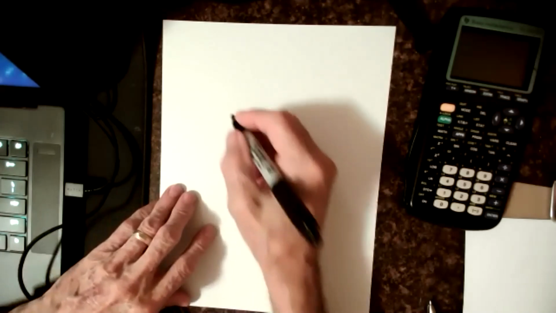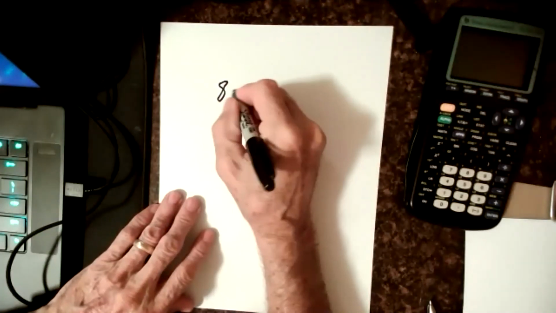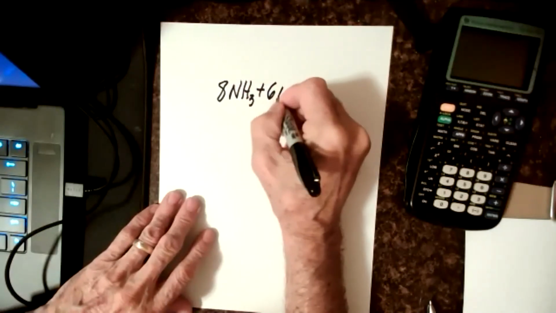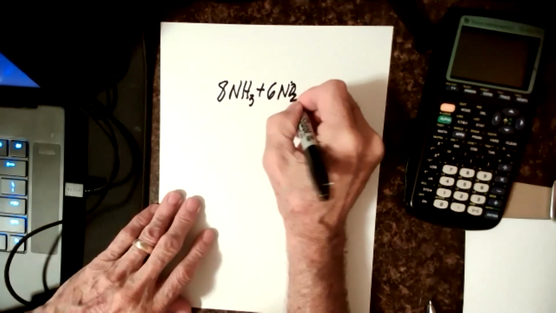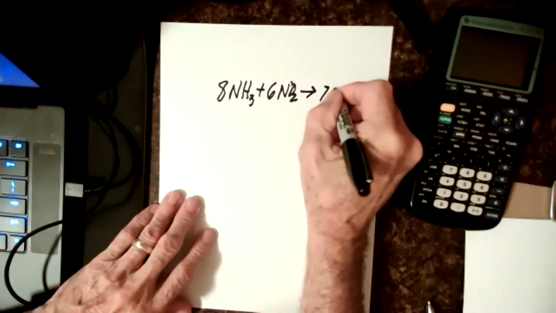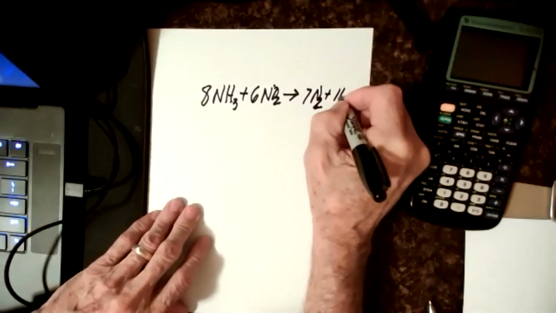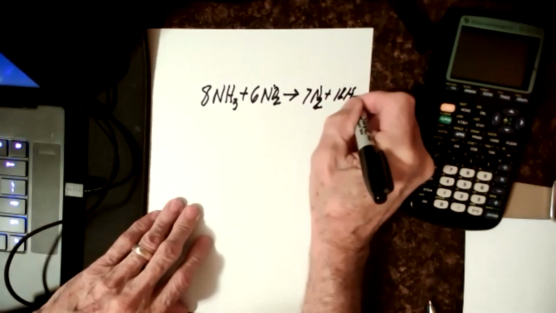Okay, all right, the next problem. Suppose 6 grams of ammonia and 6 liters of NO2 are reacted to completion. What volume of N2 will form if the reaction is carried out at 740 torr and 37 Celsius? So my chemical reaction is 8 NH3 and 6 NO2 goes to 7 N2 and 12 H2O.